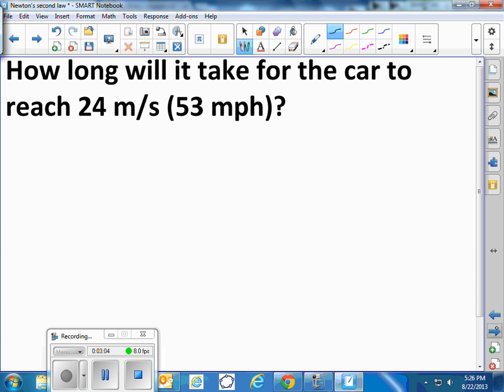At 6 meters per second every second, how long will it take for the car to reach a velocity of 24 meters per second?